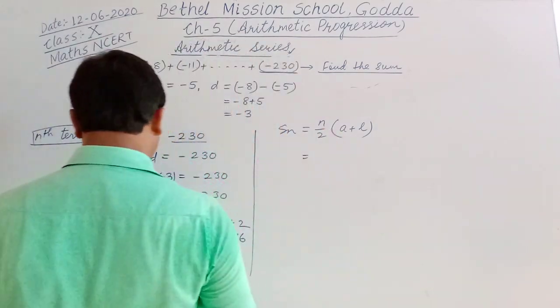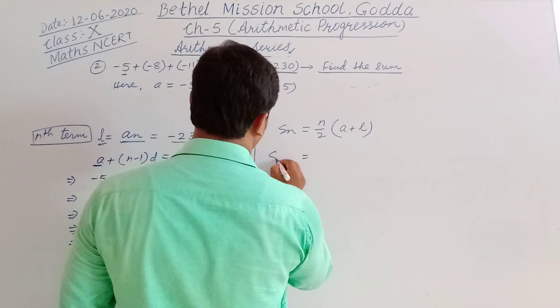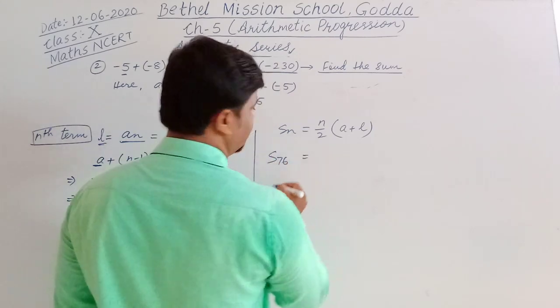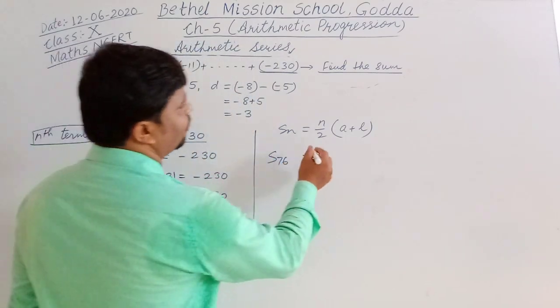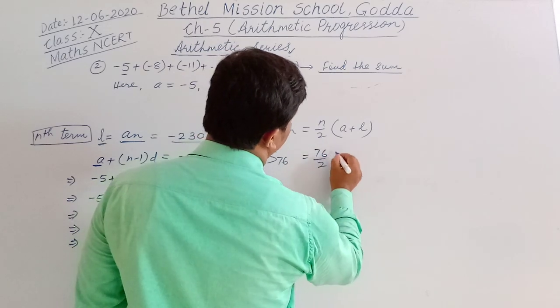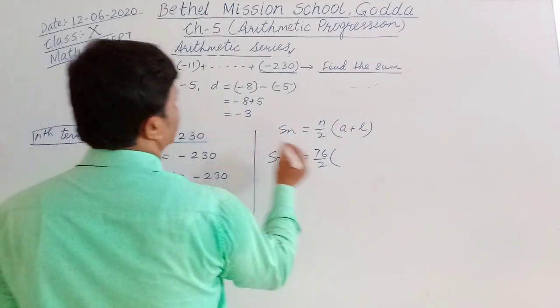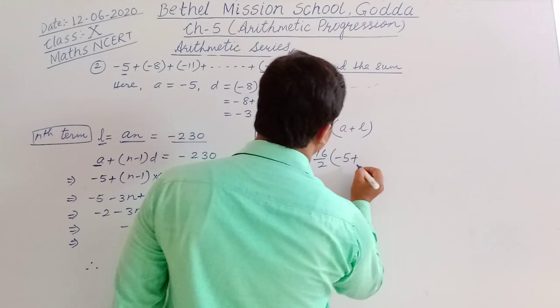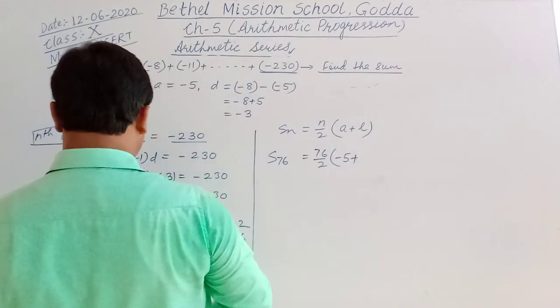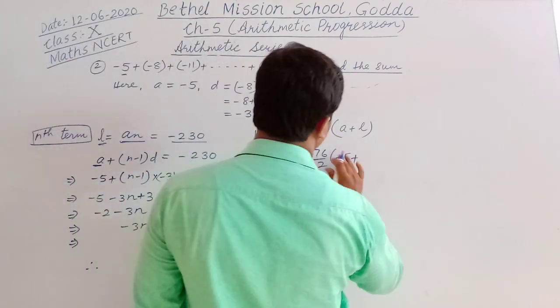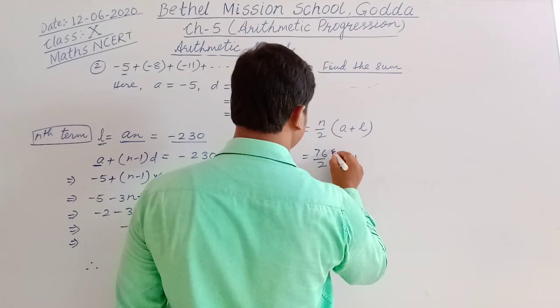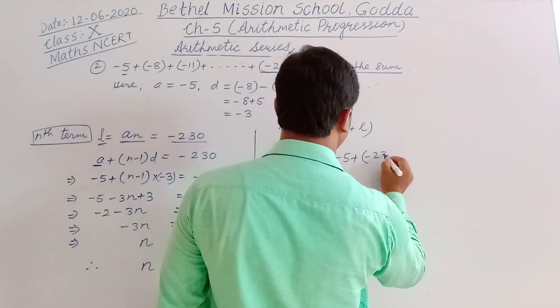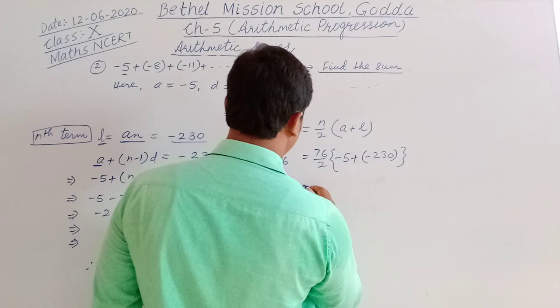The value of n is 76, so we have to find S76. S76 equal to 76 upon 2, a is -5 and L is -230.